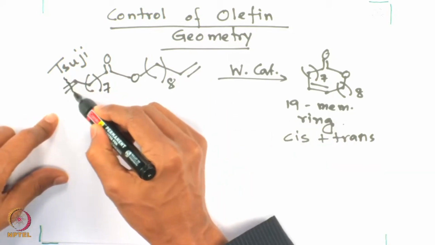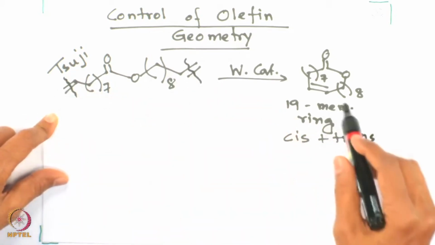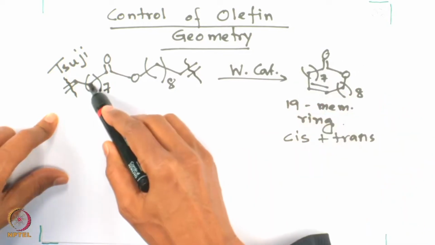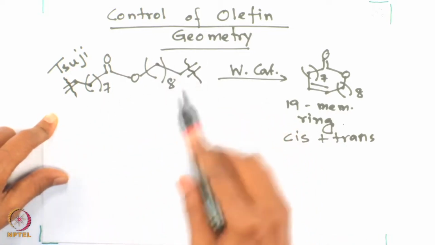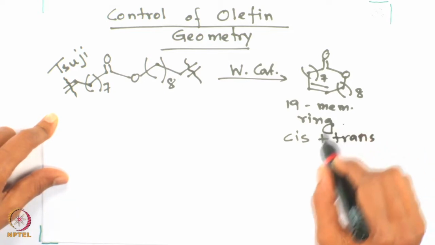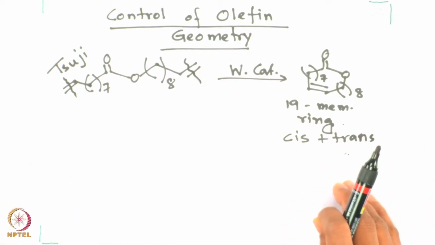Overall, if we react these 2 terminal olefins, we will get a 19-membered ring, 7 from this alkyl part, 8 from this alkyl part. However, in these cases it gives a mixture of cis and trans product.